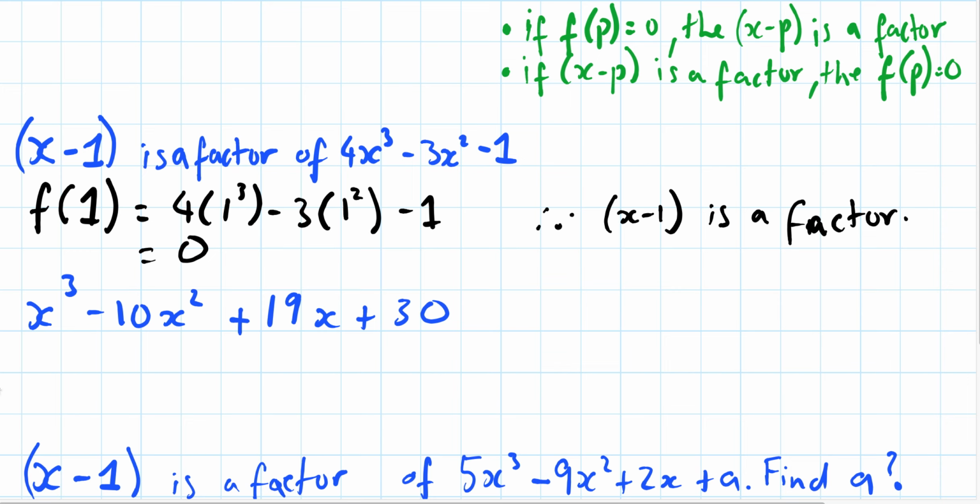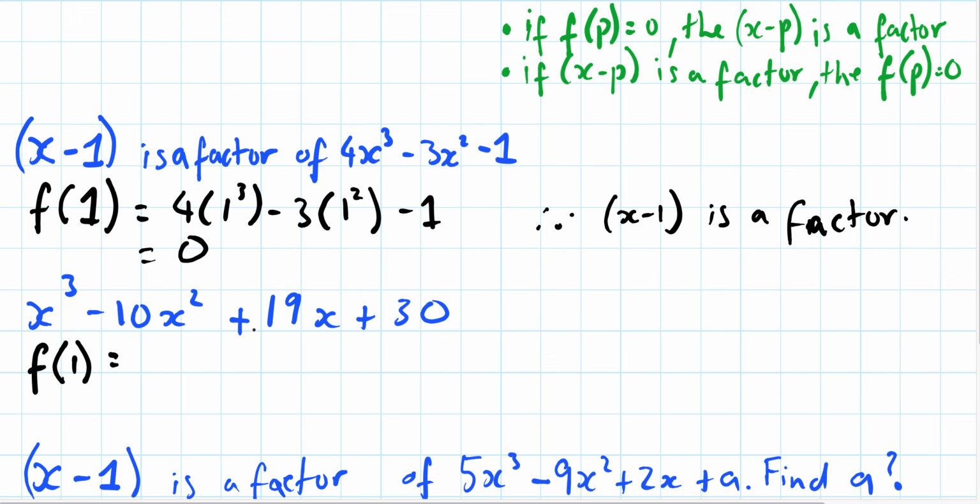Okay, so next up, you're given an expression and you're asked to find the factor of the expression. What you could do here is substitute terms in. So just try different values. So that's 1 minus 10, add 19, add 30.